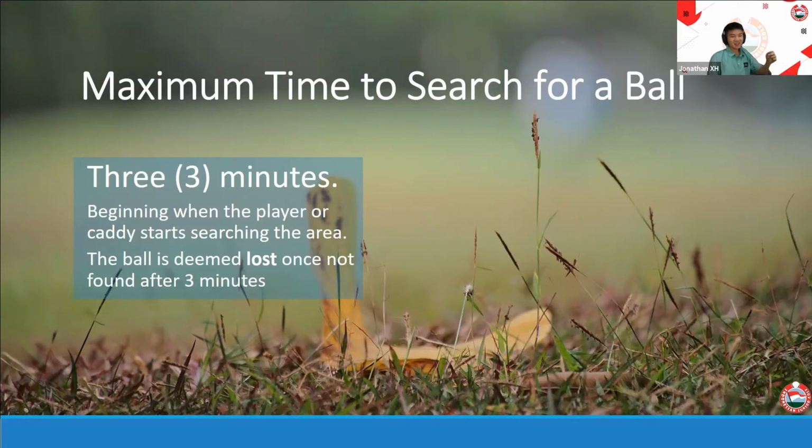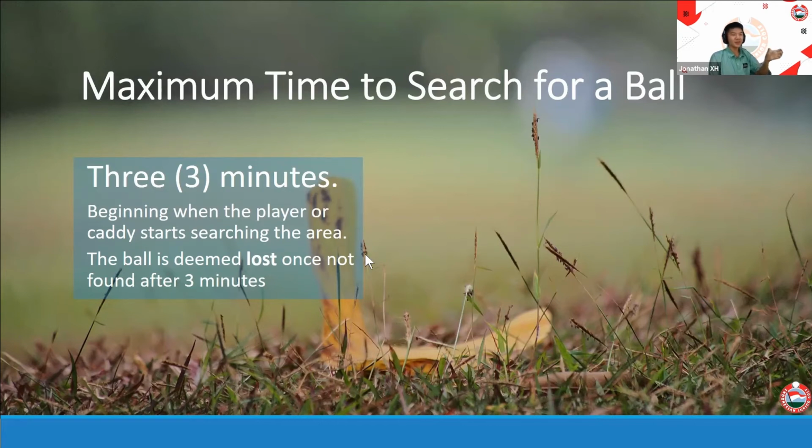Whether you get your phone out and say, okay, I'm going to start timing, let's say we start at 12:05, or you actually get your stopwatch out. But it is strictly a definition of 3 minutes that you are supposed to time if the competition is an actual competition that is following the rules of golf.